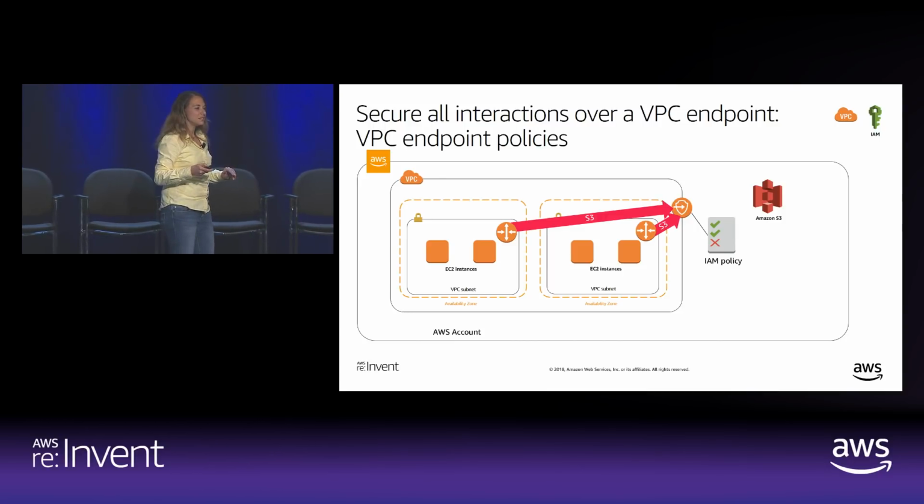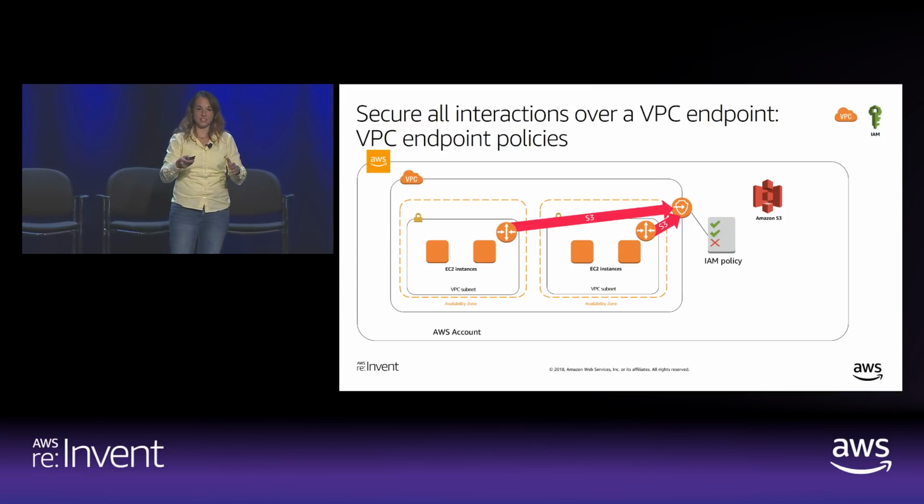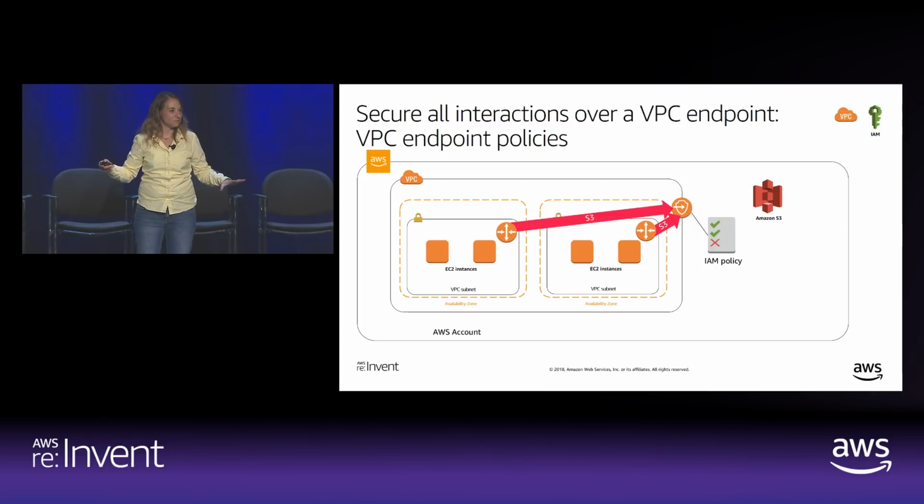What this policy means is that any request to S3 that goes over this endpoint, that means any request to S3 that originates from this VPC, in addition to being subject to the restrictions of the policy of whoever was making the call, is also going to be subject to the policy that applies network-wide.